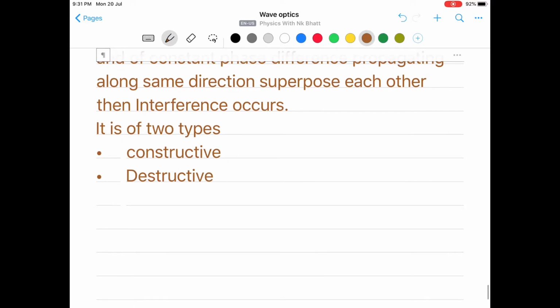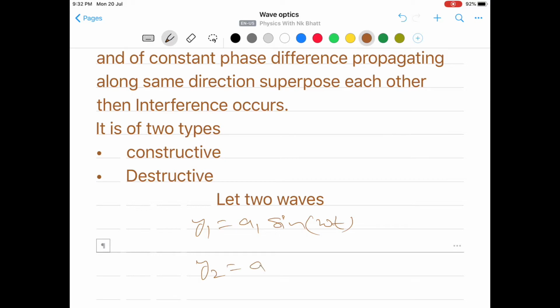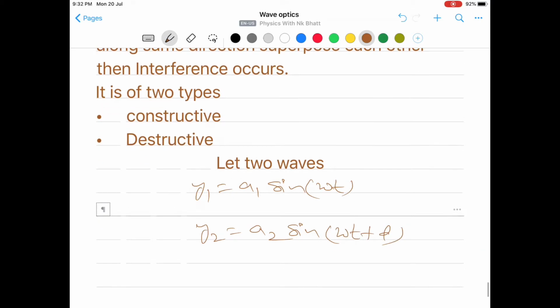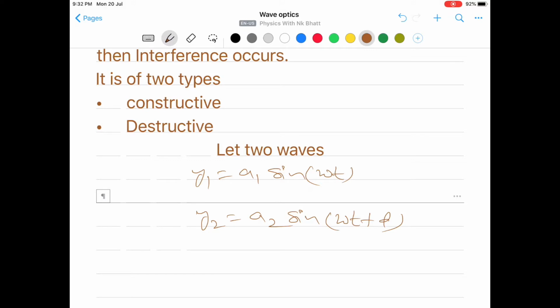So, we have to take two waves to understand the concept of constructive and destructive interference. Let two waves y1 is equal to a1 sine omega t and y2 is equal to a2 sine omega t plus phi superpose each other.